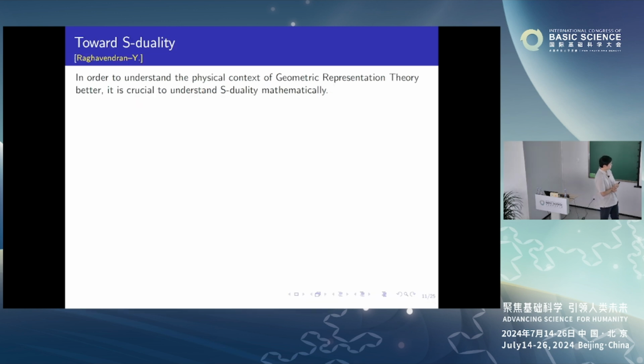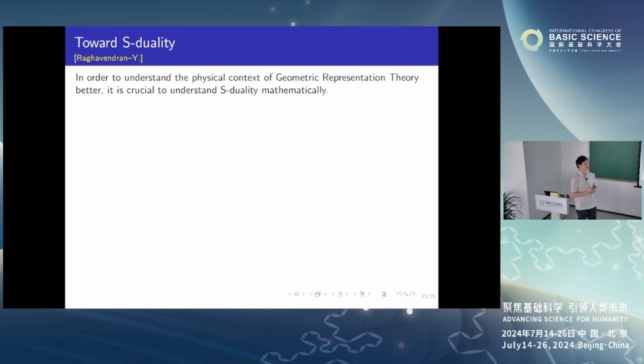Okay, so that was the first part of the talk, QFT and GRT. Now the second part. The motivation for the second part for me was the following. I developed a framework for physics and tried to understand it better, but I was never fully satisfied, in the sense that I didn't quite understand what S-duality means.